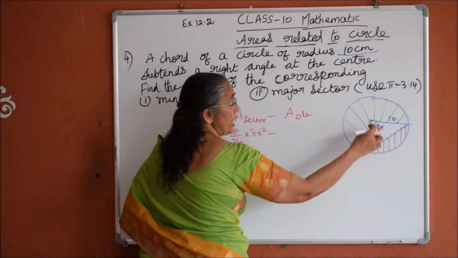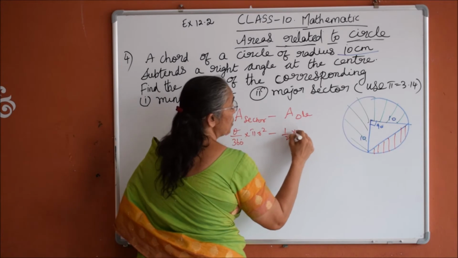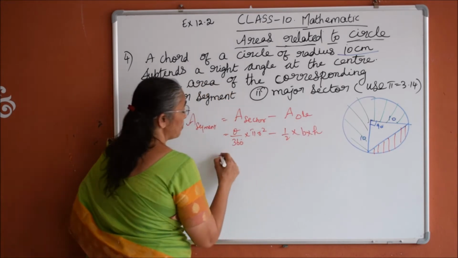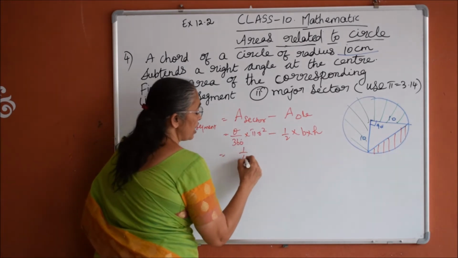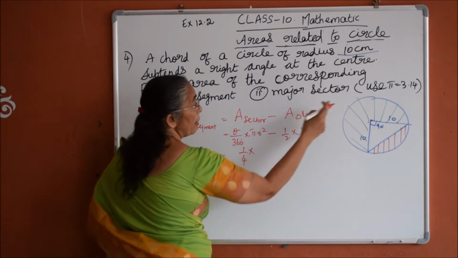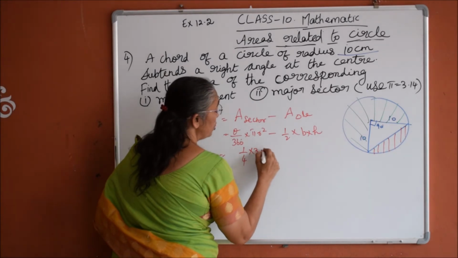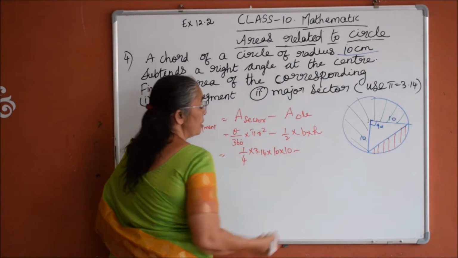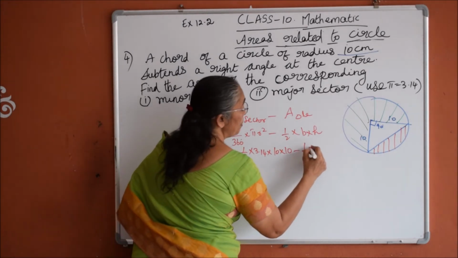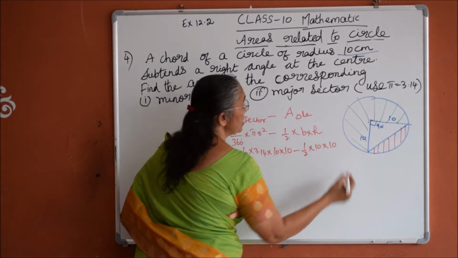So, this is base, this is height, so you can use half into base into height. Here theta is 90 degrees, 90 by 360 is 1 by 4, pi is taken as 3.14, r square is 10 times 10, minus half into base 10 and height 10.